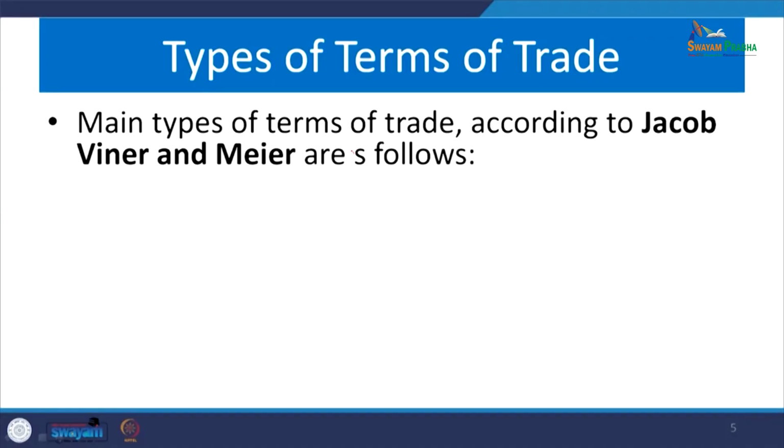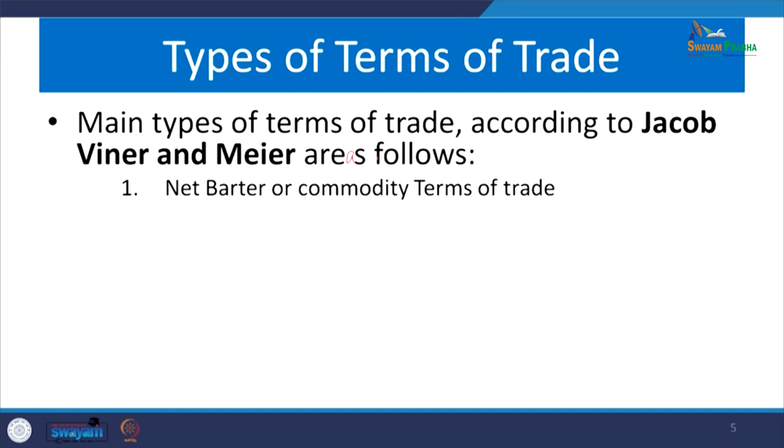Now, let us talk about one by one. Jacob Viner and Mayer structured these into further categories. As I mentioned in the previous slide, the first category is net barter or commodity terms of trade, the second category is gross barter terms of trade, and the third one is income terms of trade.